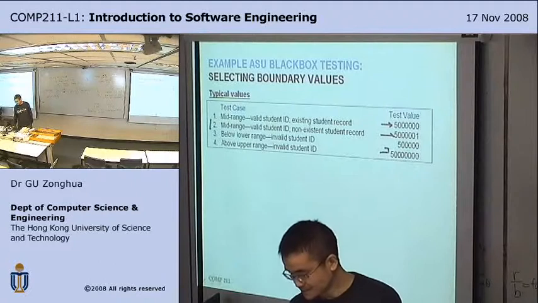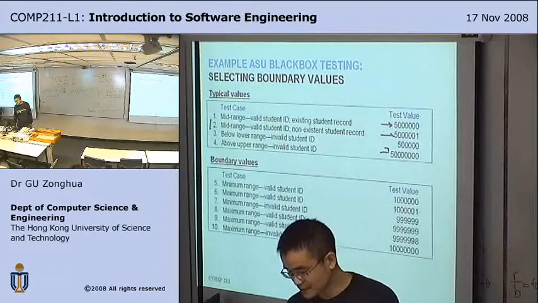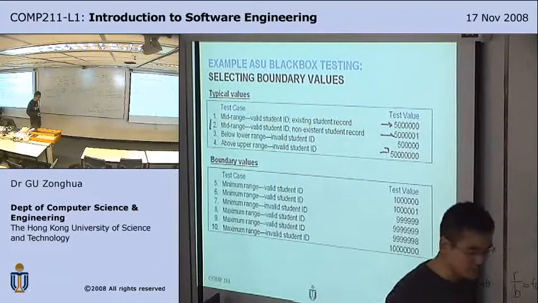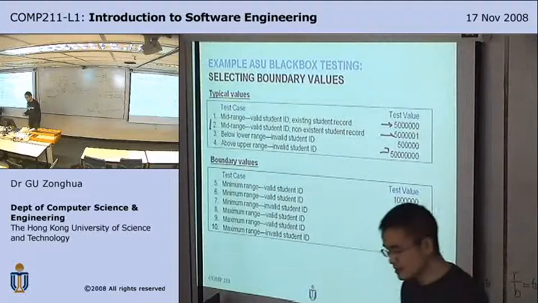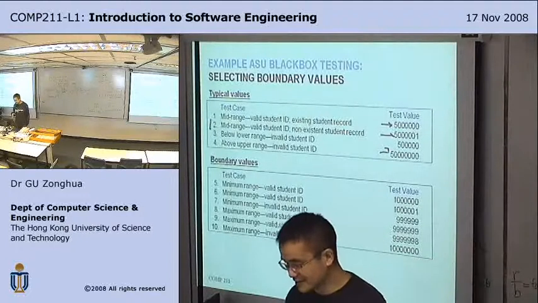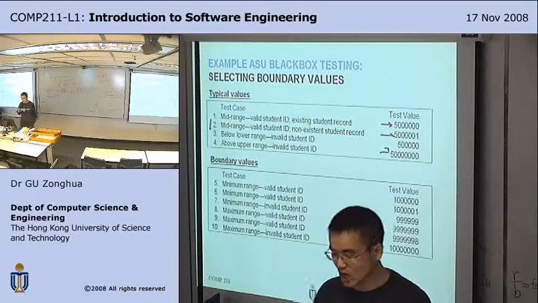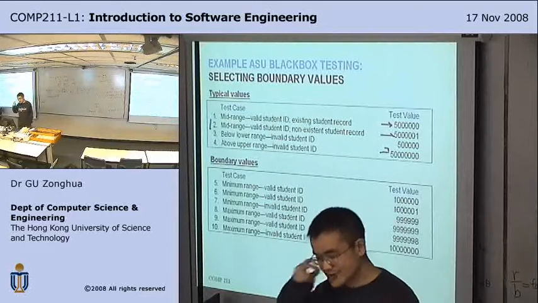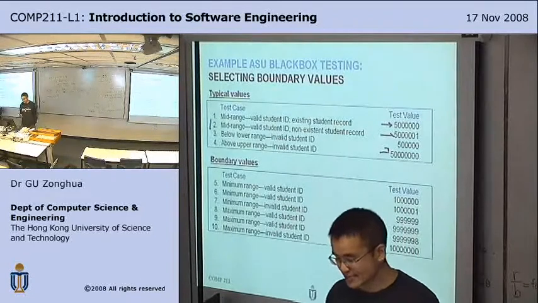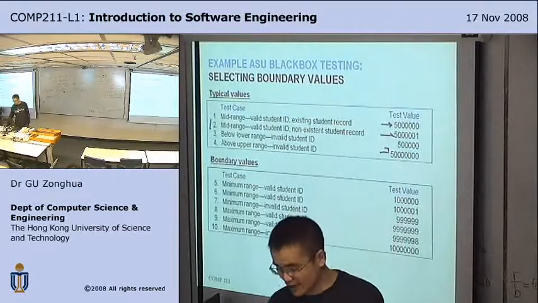So that's the typical values based on the range equivalence classes. So you pick two values from the valid range and one below and one above.